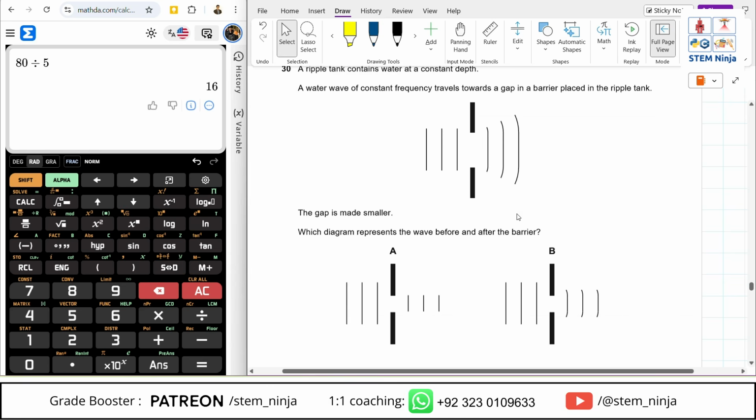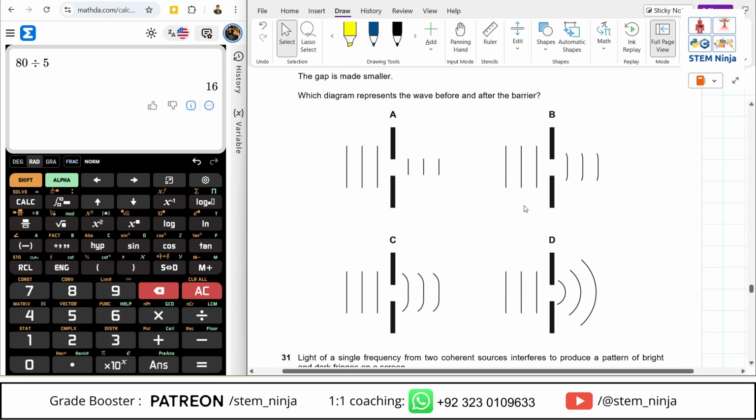Since we are making the slit width smaller, we're supposed to see more diffraction. So D would be the right answer. See, the size of this wavelength is approximately equal to this obstacle, also the slit width, so we should expect more diffraction.